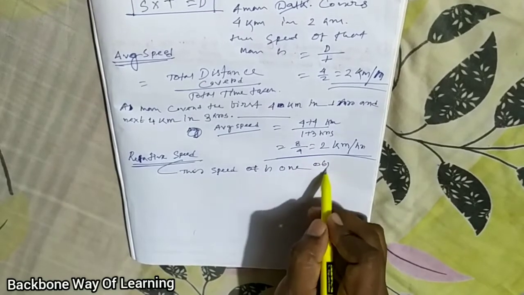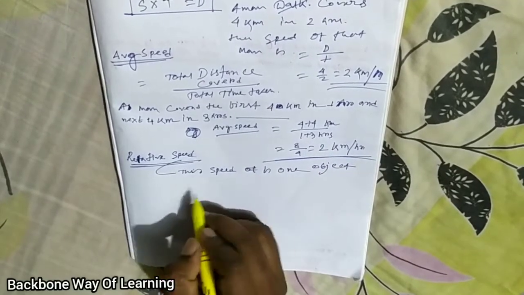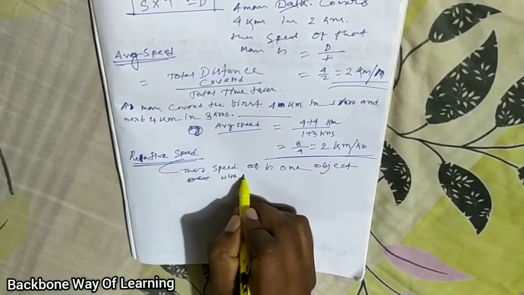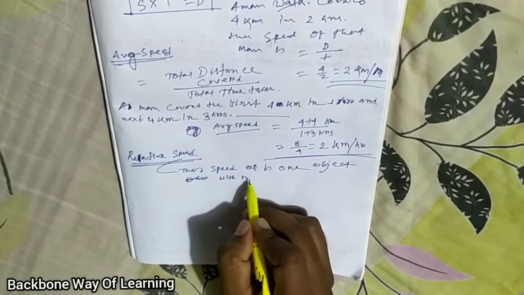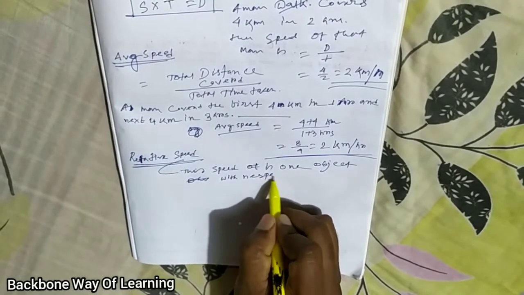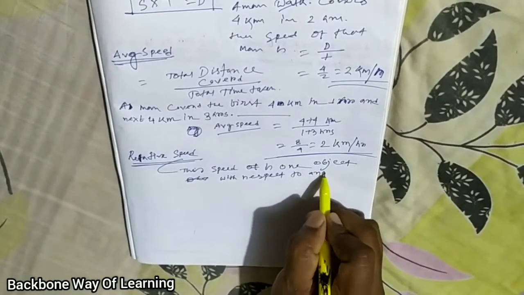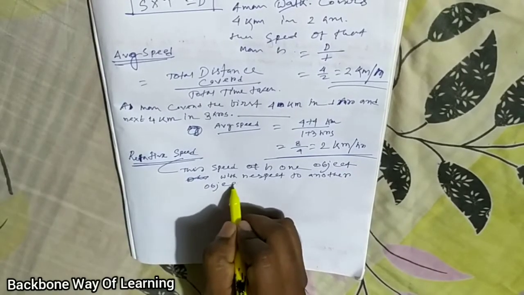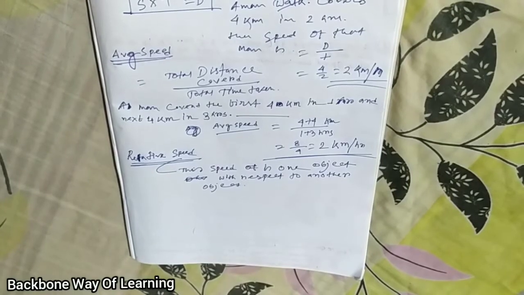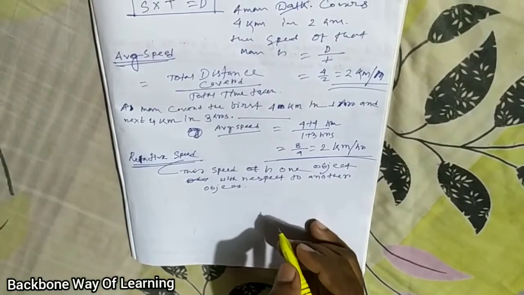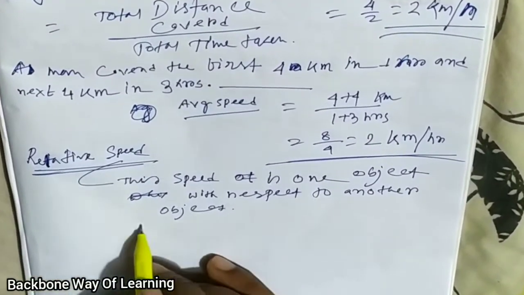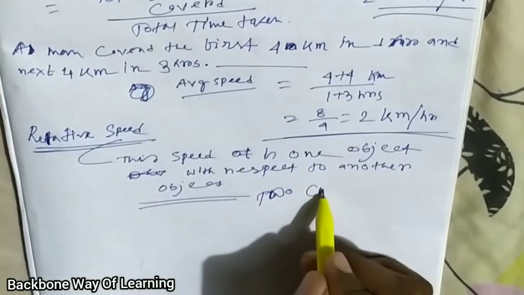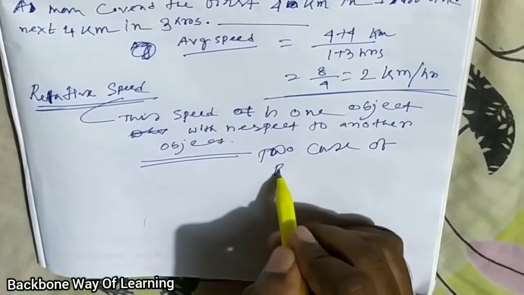This is the speed of one object with respect to another object. We know only two cases of relative speed.